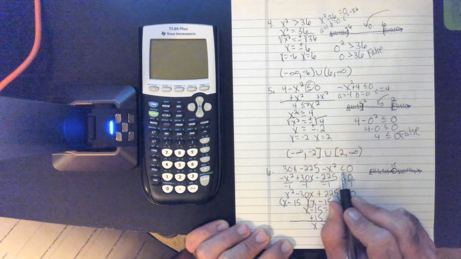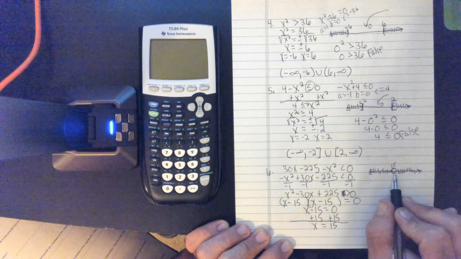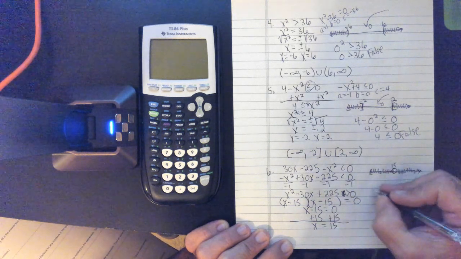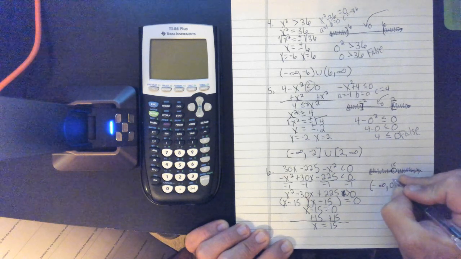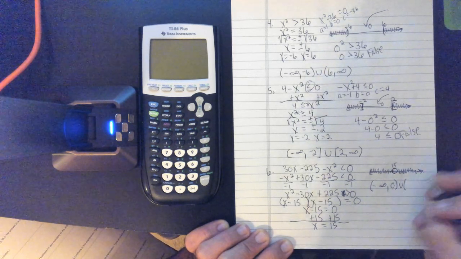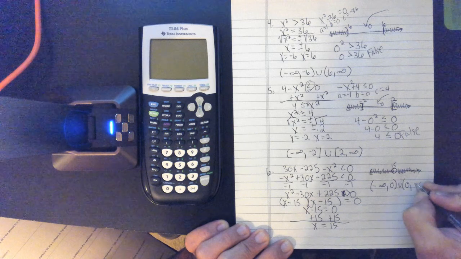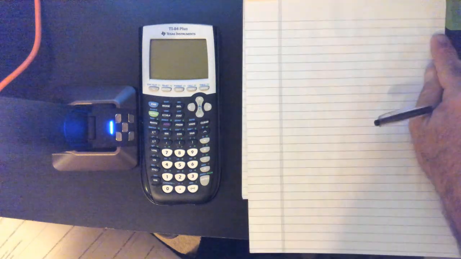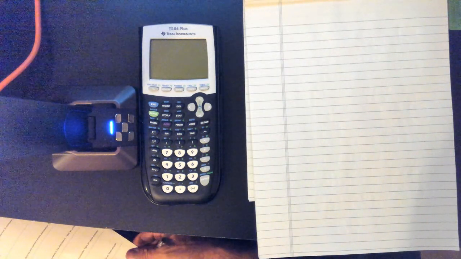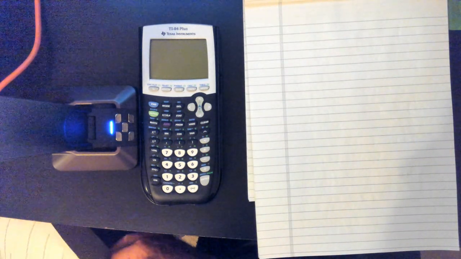And since it equals and it's not less, we can't include that number. So you would go from negative infinity to 15, union around that 15, and go to positive infinity. So once again, since it only had one number, you only exclude that number from your answer.